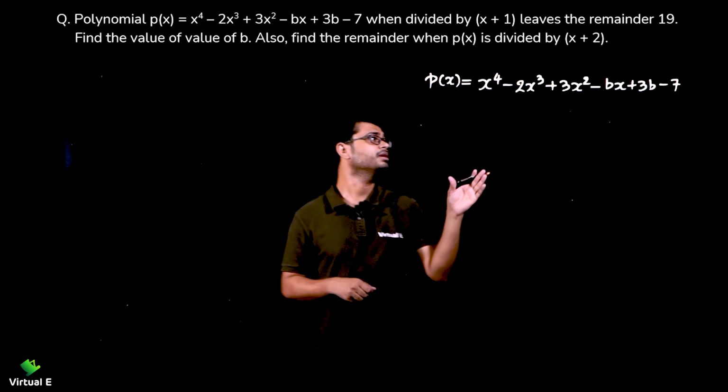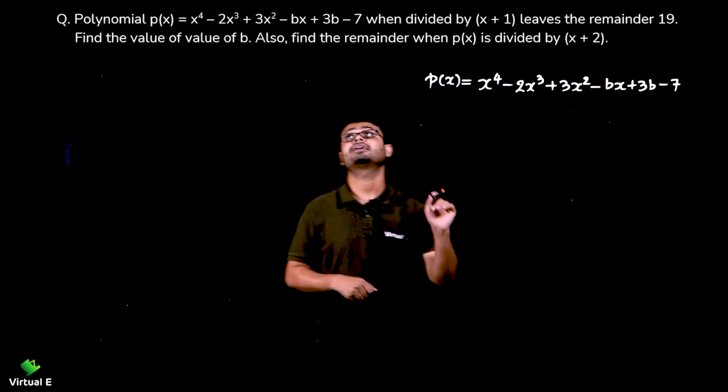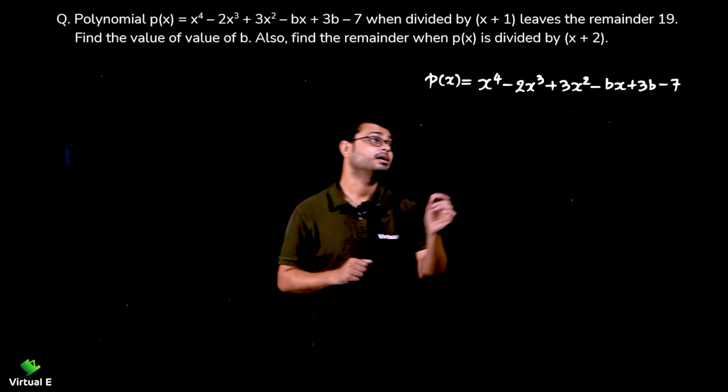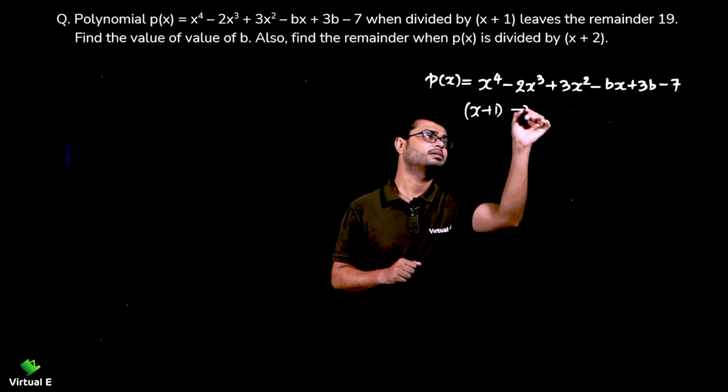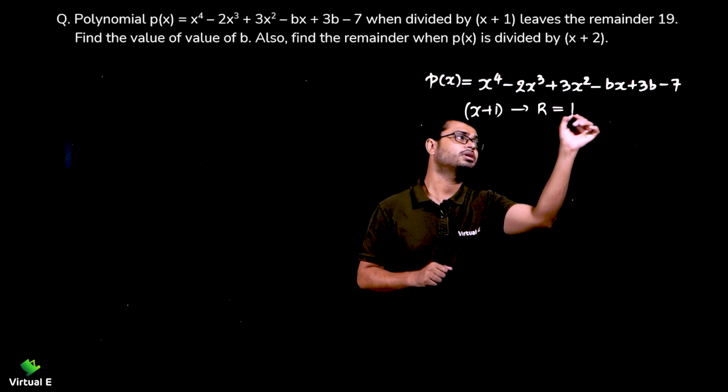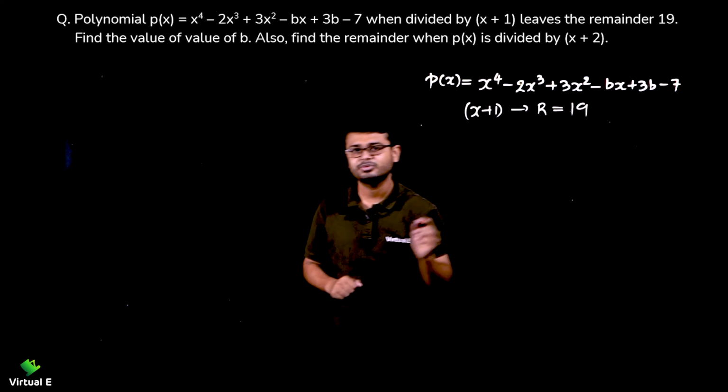Very long polynomial, almost 6 terms are there, right? It is divided by x plus 1 and the remainder in that case is what? 19. It's given in the question.